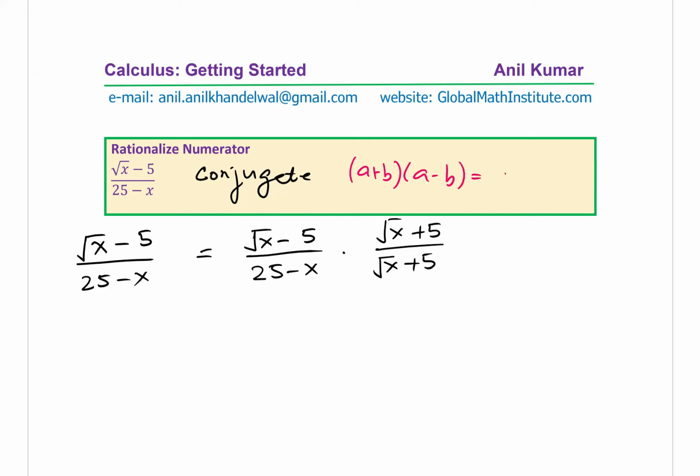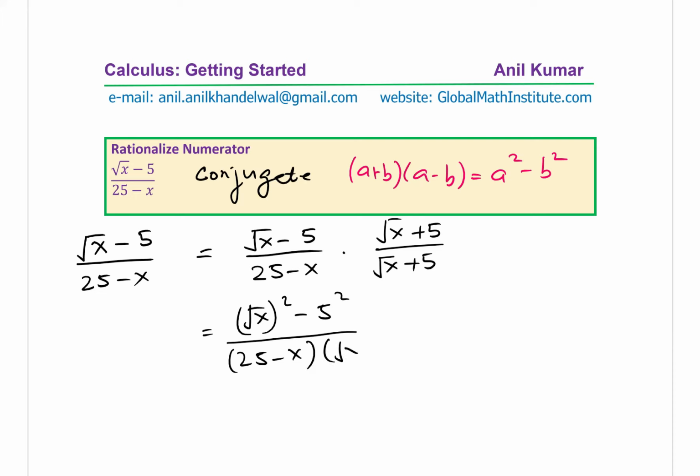It is equal to a square minus b square. That helps to get rid of the radical sign. So now, when you multiply this, you get a square, which is square root of x square minus 5 square. And in the denominator, we'll write as such, which is 25 minus x times square root of x plus 5. Correct? Don't expand the denominator.